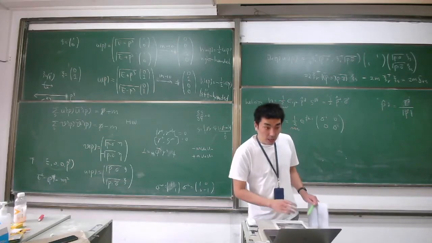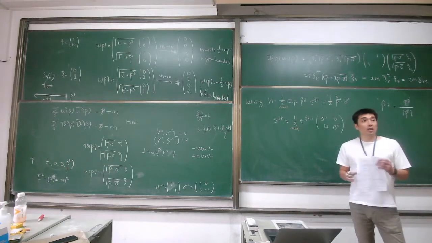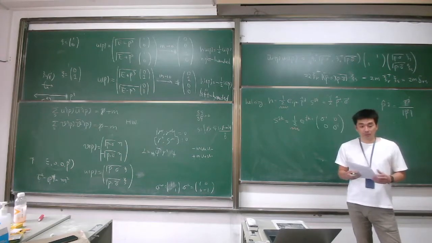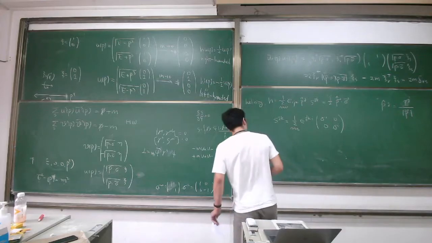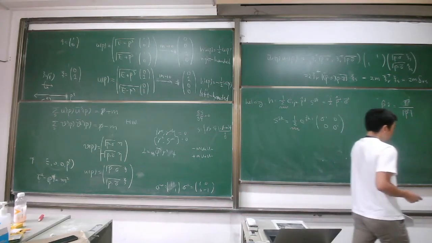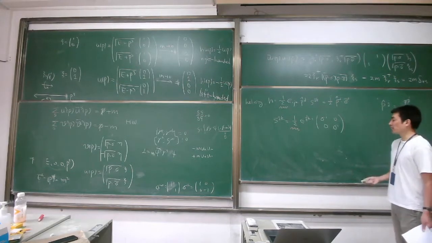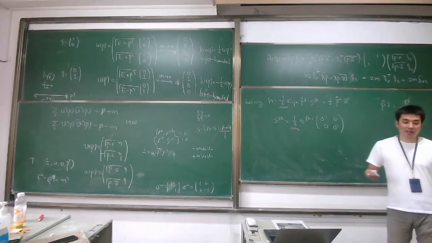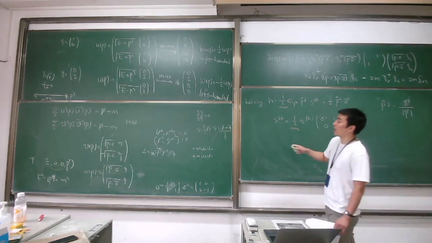So let's quantize the Dirac field. So far, any question? Okay, so then we quantize. We construct the action, and then it is like a scalar field. We would like to quantize it, treating psi as an operator.